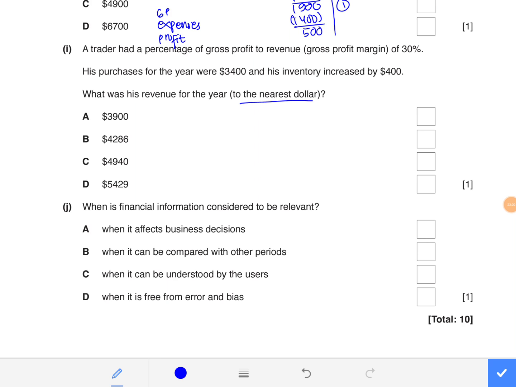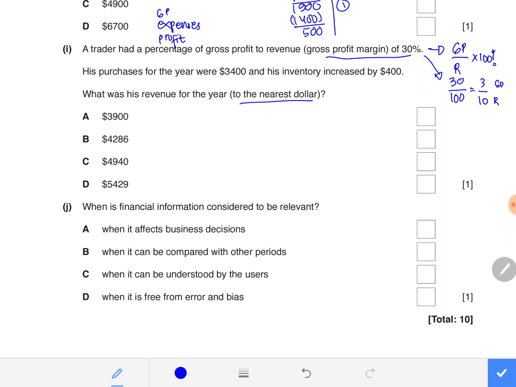Gross profit margin: the formula is gross profit over revenue, times 100%. First of all, when you have this percentage, you have to convert it into a fraction. It becomes 30 over 100, or the same as 3 over 10. So this is your gross profit and this is your revenue.